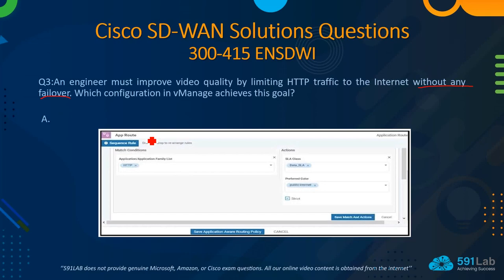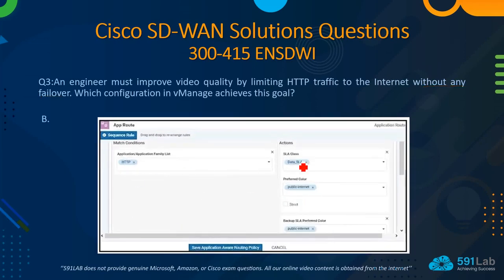Okay, so let's see here. We have HTTP and we have SLA. Okay, and we have preferred color is public internet, which is correct, and we are using a strict keyword, which is correct. Okay, let's move to the next option. Let's see.